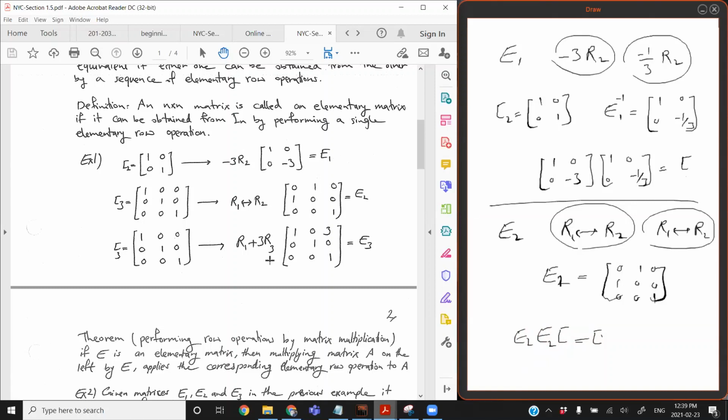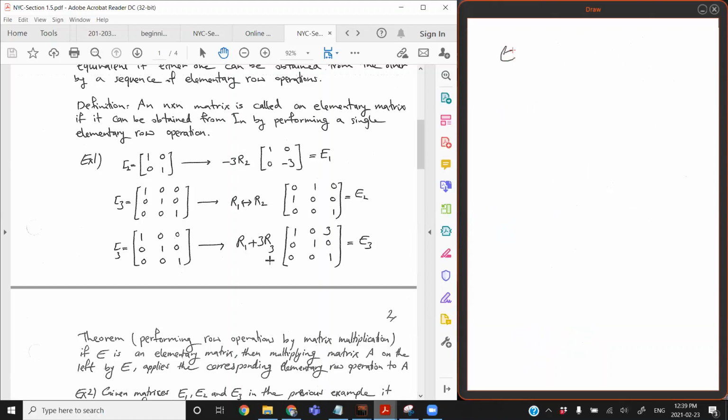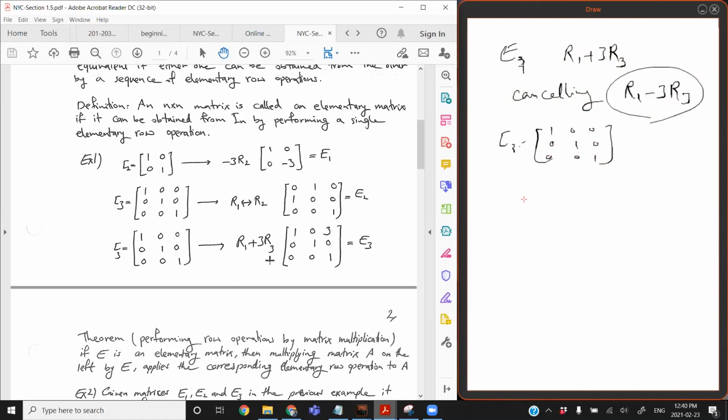And for the last one, when I look at E3, I realize that this corresponds to this row operation, adding 3 times row 3 to row 1. Then what would be the canceling row operation? The canceling row operation would be row 1 minus 3 row 3. That is adding -3 times row 3 to row 1. So I begin with I3. I perform this canceling row operation on I3.